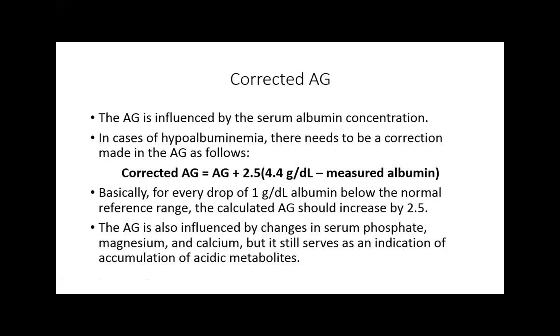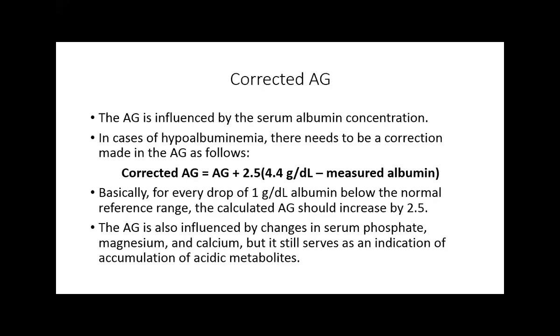Albumin is present in a high concentration in the blood, and in terms of its charge density, it has an impact on the overall ionic strength of the plasma or serum.